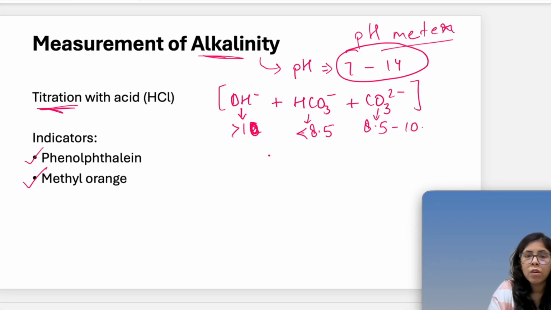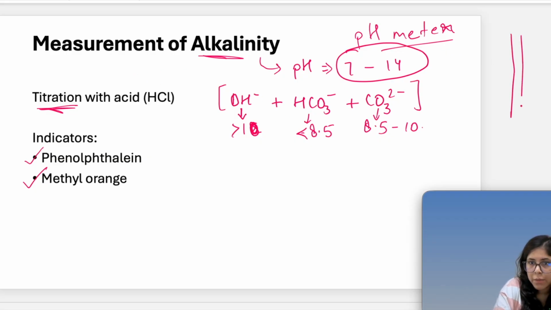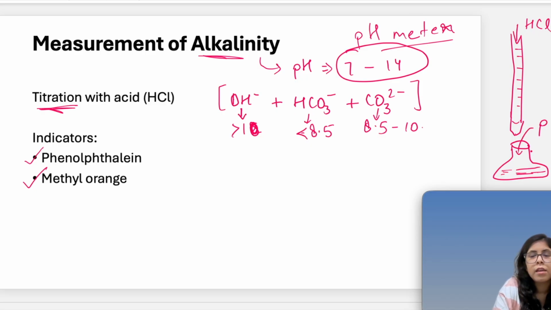Now, very first thing, let's say the pH is in the range of greater than 10, and we have a burette. In the burette we'll be adding HCl, and we have taken in the conical flask this alkaline water, and we will add a drop of phenolphthalein indicator.